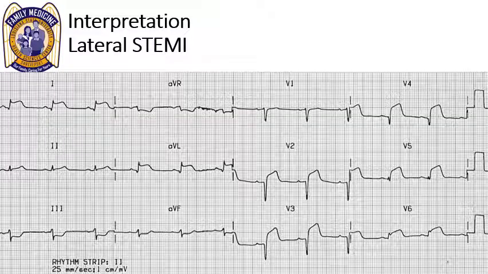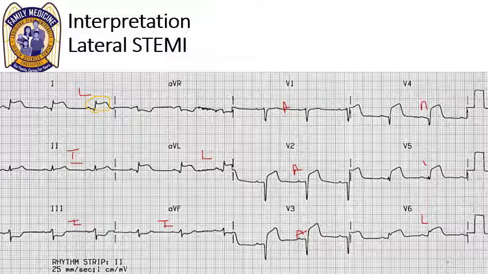So let's talk about our lateral STEMI right here. We have our 1, AVL, V5, and V6, and I can already see it right there. Then we have our inferior leads, 2, 3, AVF, and then our anterior, V1, V2, V3, and V4. So we got another big STEMI right here, a big honker.